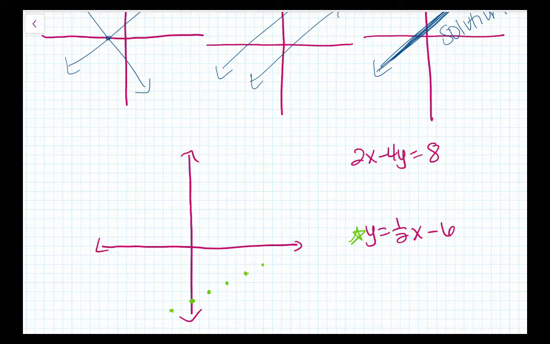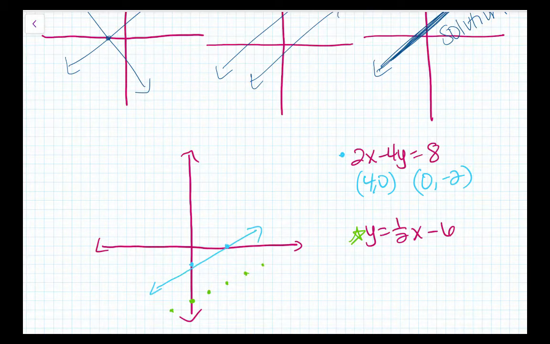And then for this one, I could either use the intercepts or I could put it in slope-intercept form. I'm going to use the intercepts. So the x-intercept is going to be (4, 0), and the y-intercept is (0, negative 2). I just plugged in a 0 for the other variable to get those values. So (4, 0) is right there, (0, negative 2), and I can connect those dots.